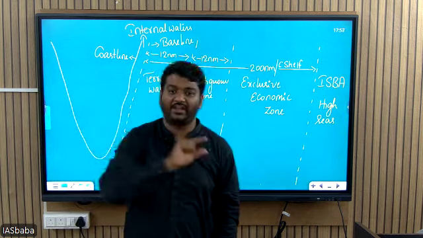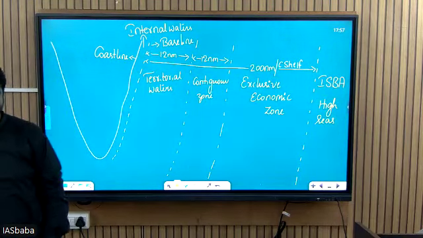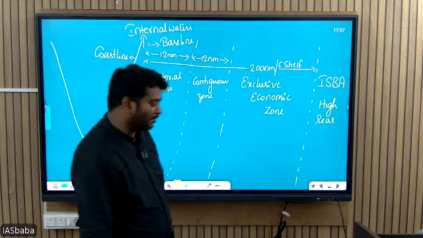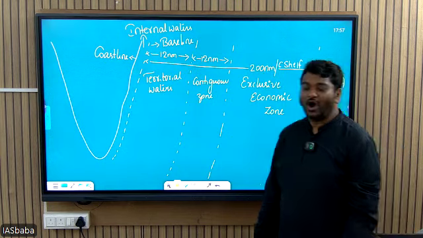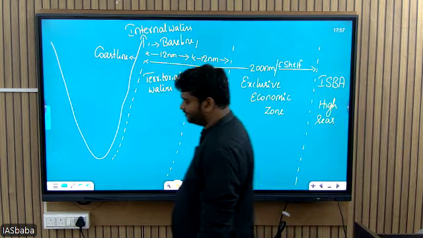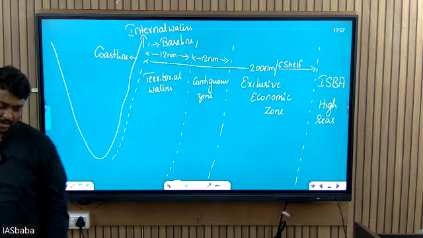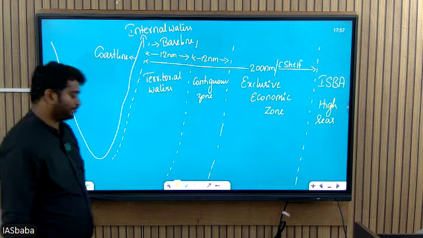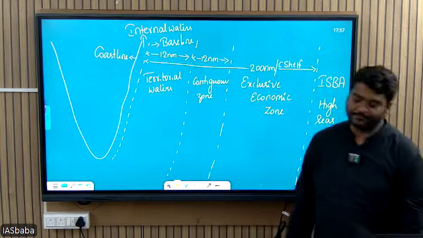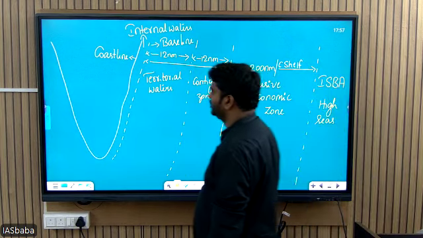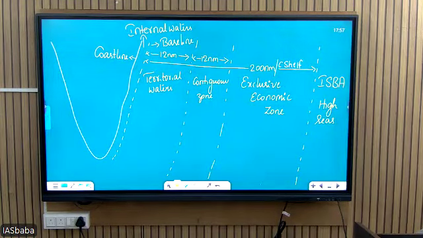In that decade, in the 1980s, the United Nations Convention on the Law of the Sea was agreed by most of the countries.